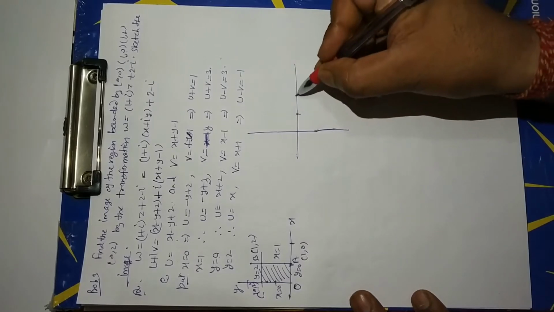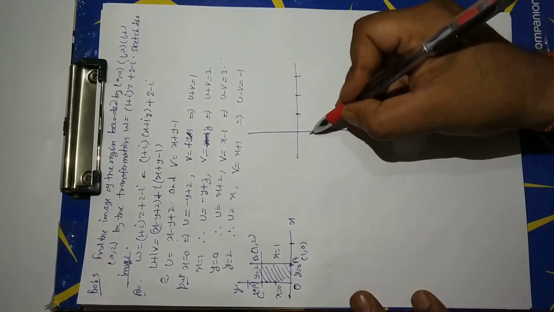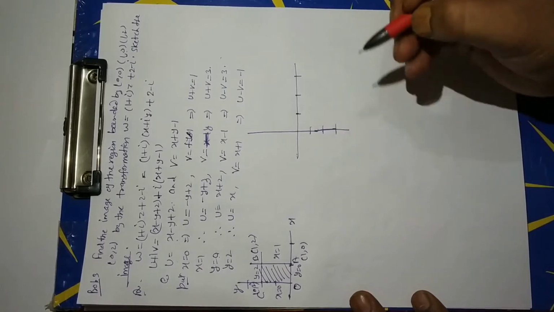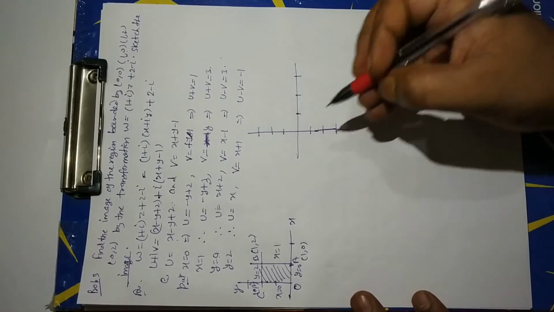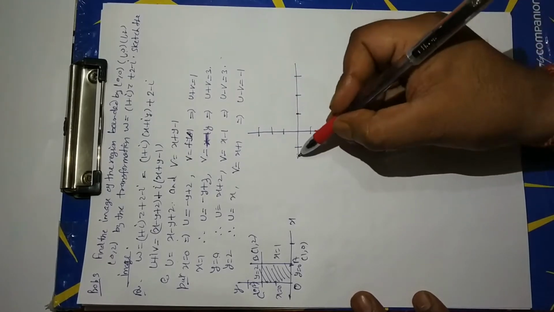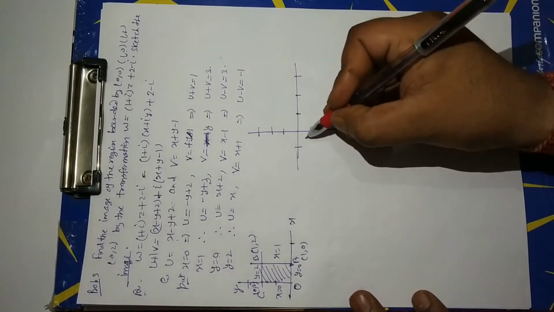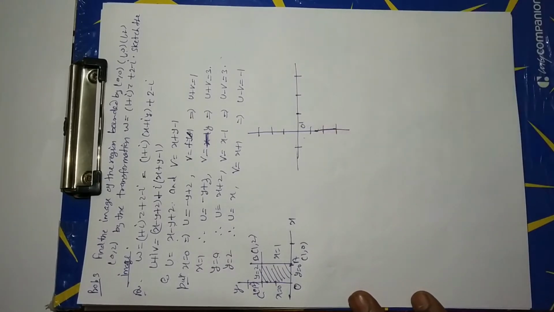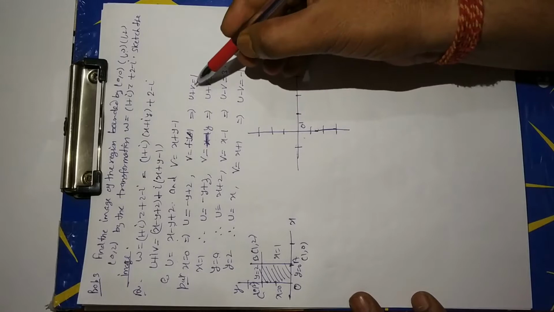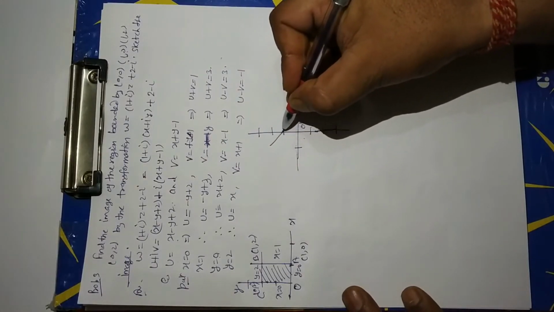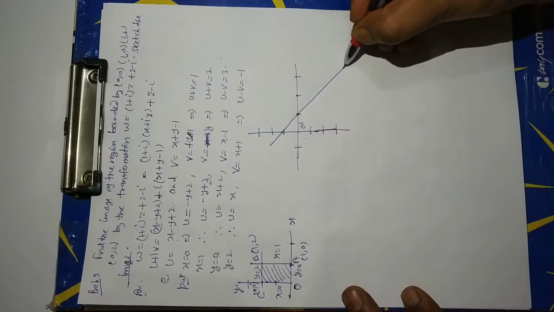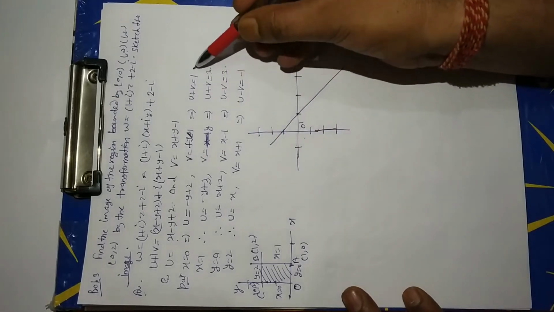This is 1, 2, 3. Similarly 1, 2, 3. First we can write u + v is equal to 1. This can be written as the line u + v is equal to 1.